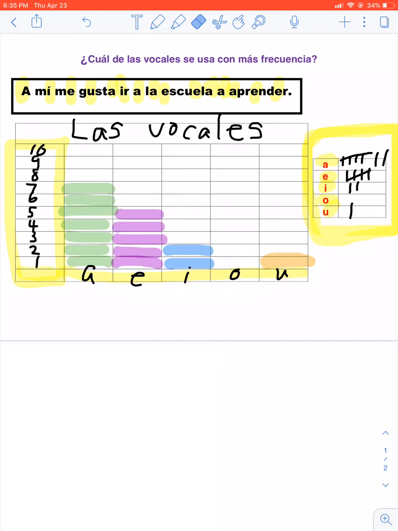You could say, your question could be, what vowel did we count the most of? Right, la A. And then a really good question is, what vowel did we count the least of?